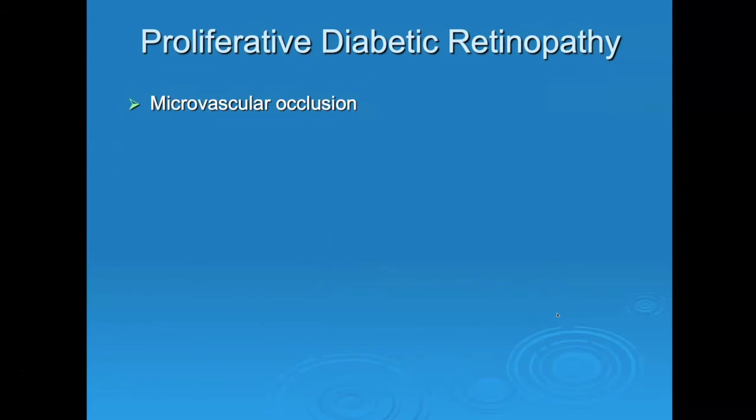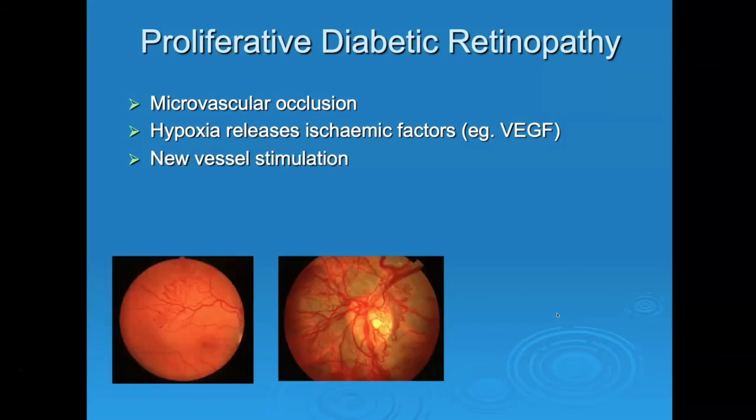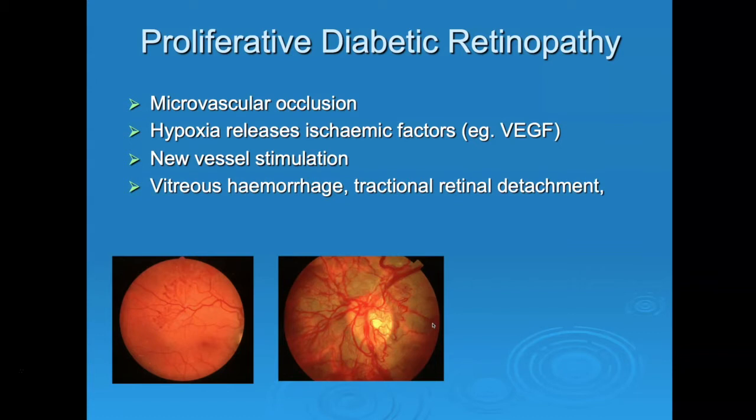So proliferative diabetic retinopathy is caused by microvascular occlusion, whereby the resulting hypoxia causes ischemic factors to be released, stimulating new blood vessels both peripherally in the peripheral retina here, but also centrally. And you can see around the optic nerve and the nearby macula, there's lots of new blood vessels in this particular picture.